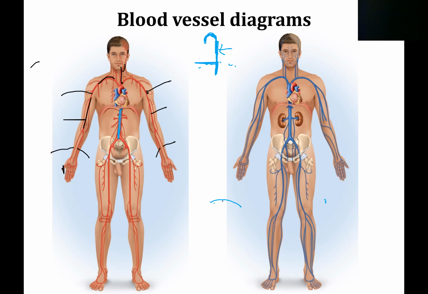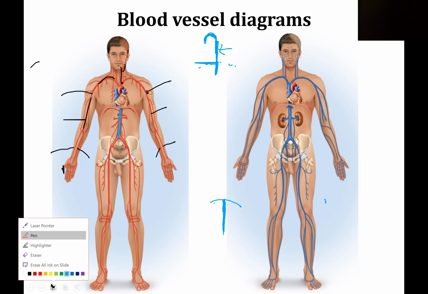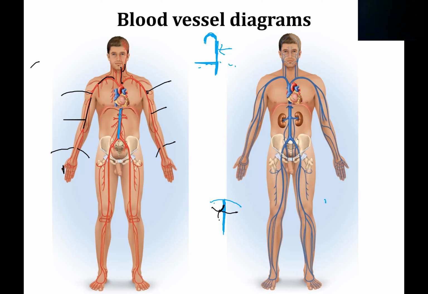So diaphragm, and then you have the abdominal aorta. Okay. Then coming off of that one, you have a single vessel that comes off right after the diaphragm. And it's going to split into three.